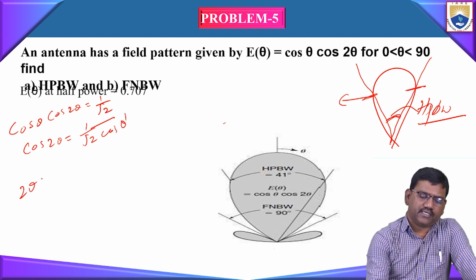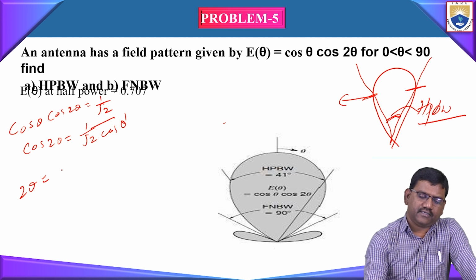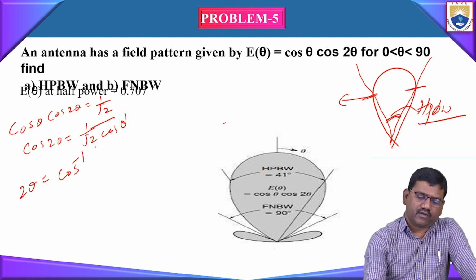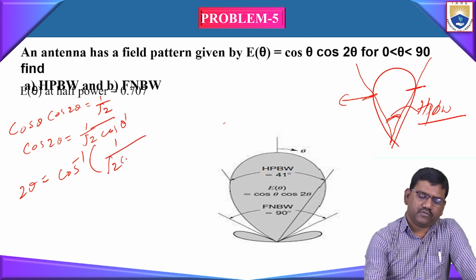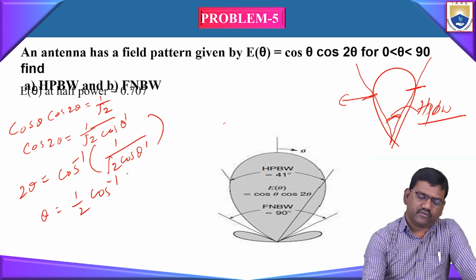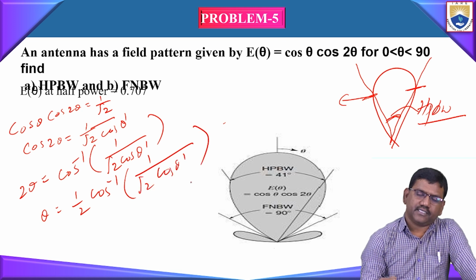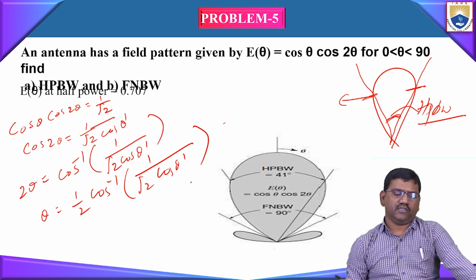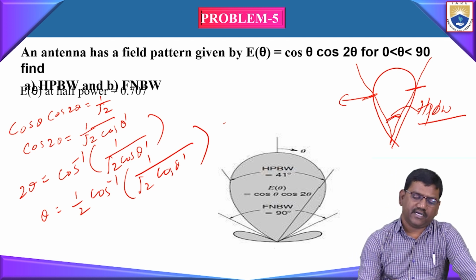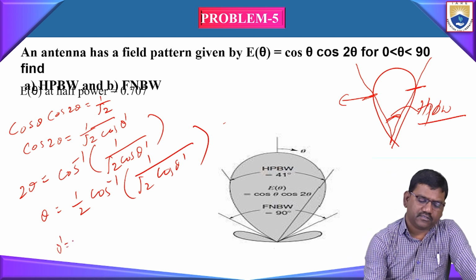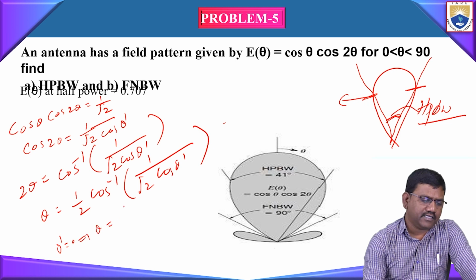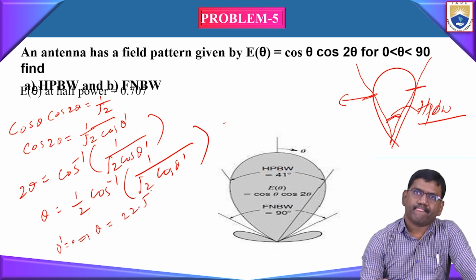So 2 theta is equal to cos inverse of 1 by root 2 cos theta dash, and theta is equal to 1 by 2 cos inverse of 1 by root 2 cos theta dash. So we should find out the value of theta by substituting theta dash as some random values. If you substitute theta dash is equal to 0, you will get theta is equal to 22.5.